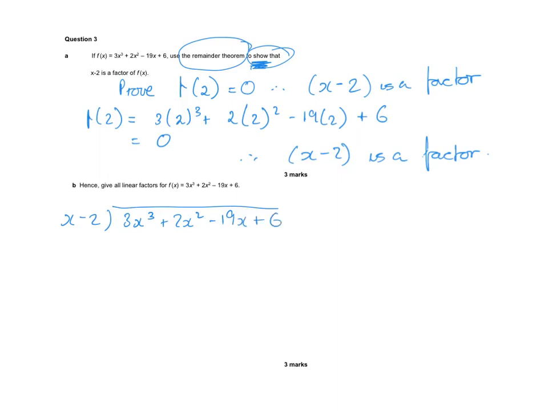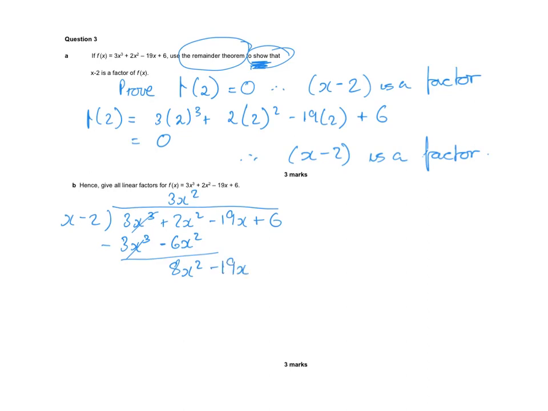All right, so x goes into 3x cubed, 3x squared. Most people did this quite well, actually. So you get 3x cubed minus 6x squared, subtract, and 2 minus minus is plus, so you get 8x squared, bring down the 19. So 8x squared minus 19x.